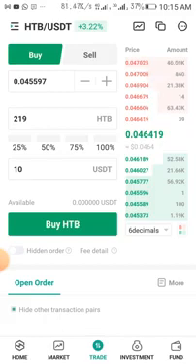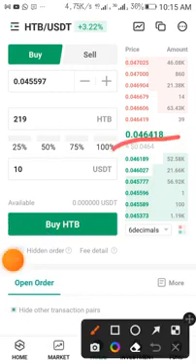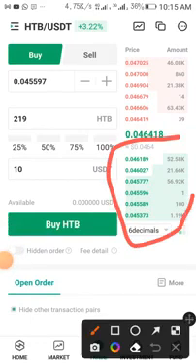So you set up the rate at which you want to buy. Let's assume I want to buy $10 worth of Hotbit token. I will look for a rate in this buying section that I like, which might execute faster. First of all, I'll find the rate.